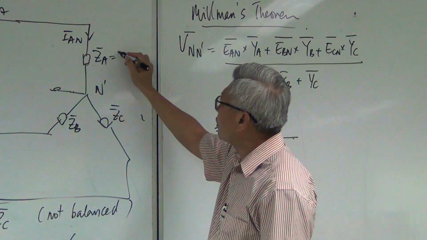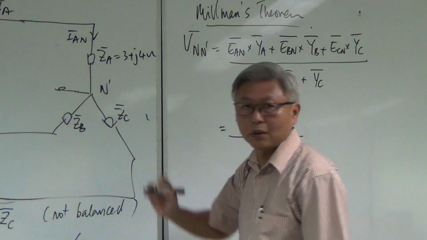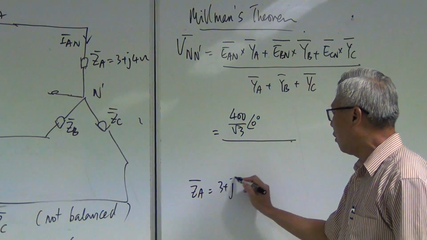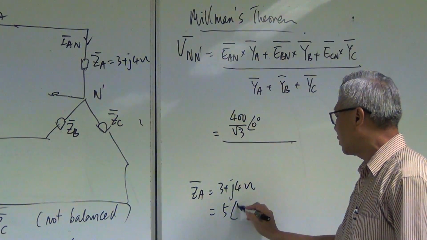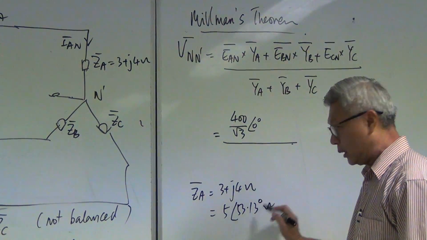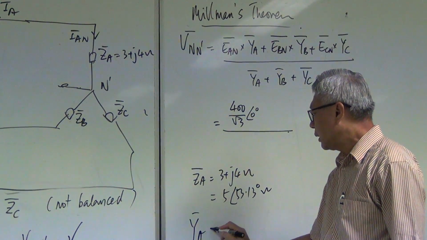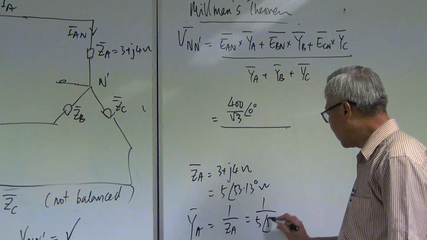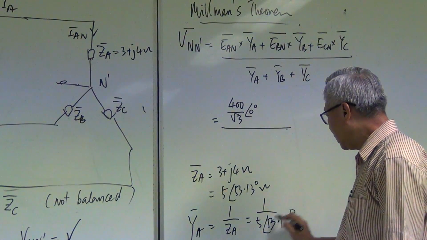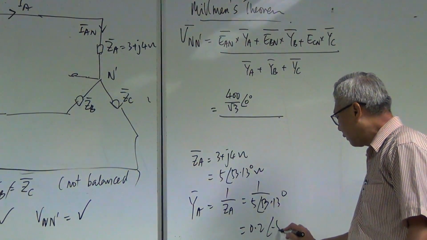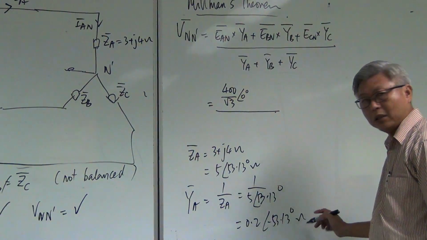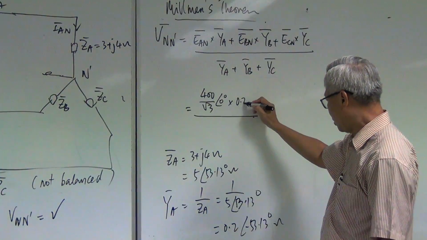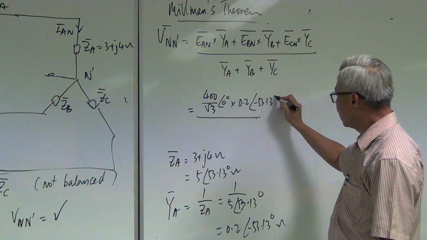Let's say ZA is equal to 3 plus j4 ohm, which is equal to 5∠53.13 degree. The admittance is the reciprocal, so it's 1 over 5∠53.13 degree, which is 0.2∠-53.13 degree. So you substitute this value here.